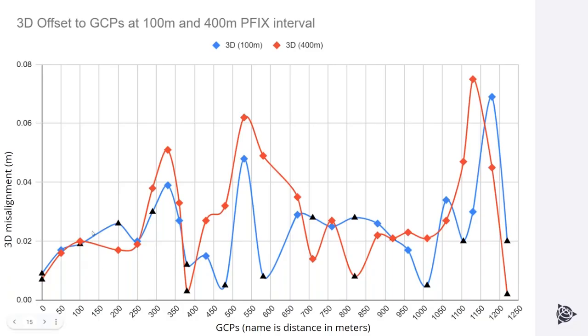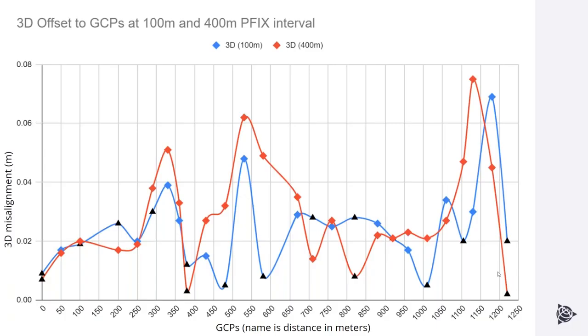The blue line is with roughly 100 meters interval of pfixes. So you see there's a black triangle roughly every 100 meters. And the red line is with 400 meter interval. So the black triangles are more sparse. But what is interesting to see here is that the blue line is clearly a bit better, but the difference is not super significant.